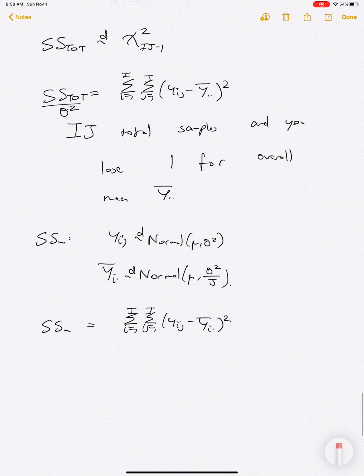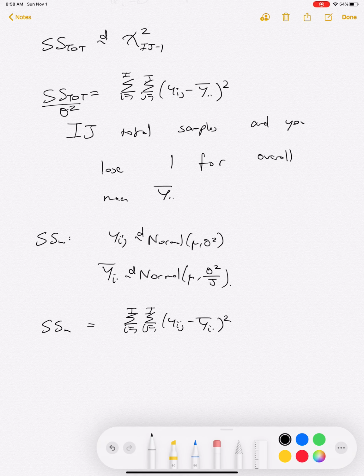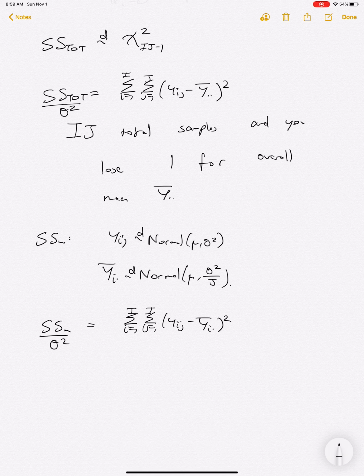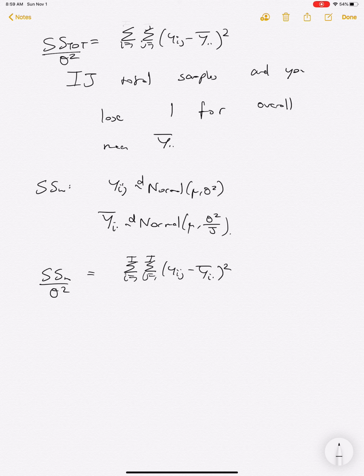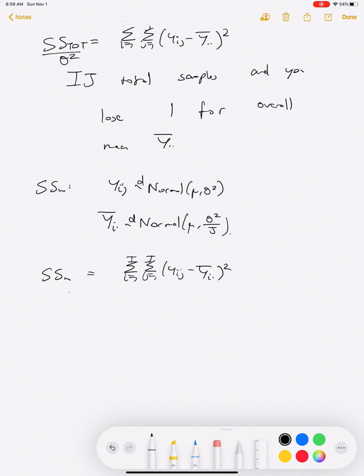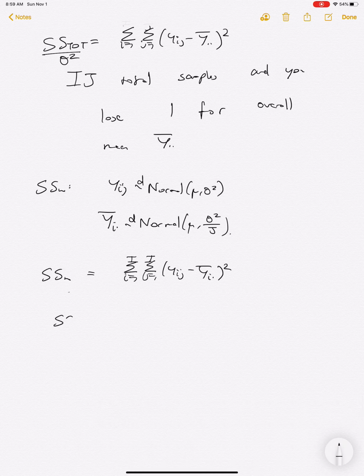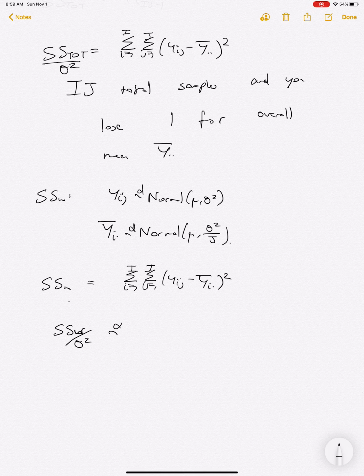And similarly, SSW divided by sigma squared should have a chi squared distribution with I times J minus 1 degrees of freedom.